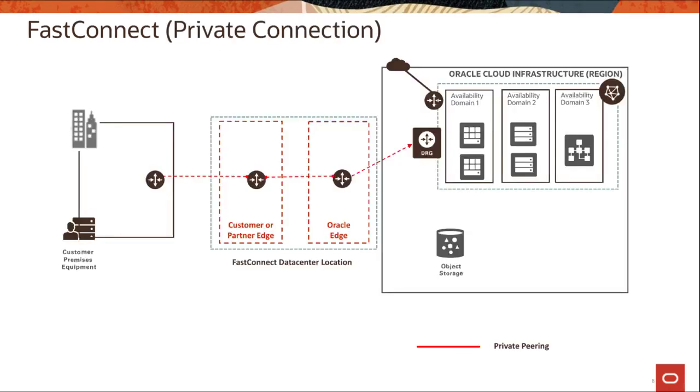All right, so in case of a FastConnect private peering connection, whatever model you are using, whether it's a customer direct to Oracle model or through a partner or an exchange provider, in any of the models you can create a private peering connection.